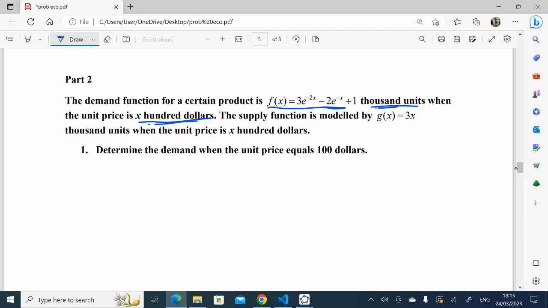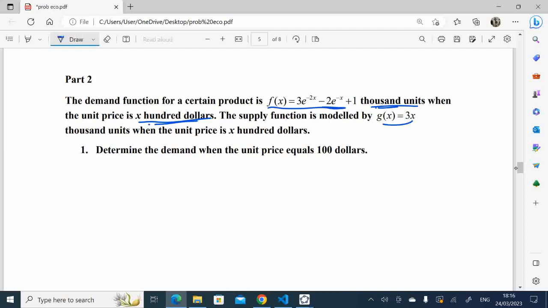So the price is in $100, whereas the demand is in thousands of units. The supply function is modeled by g of x equals 3x, in 1,000 units when the unit price is x, in $100. Part 1, determine the demand when the unit price equals $100.